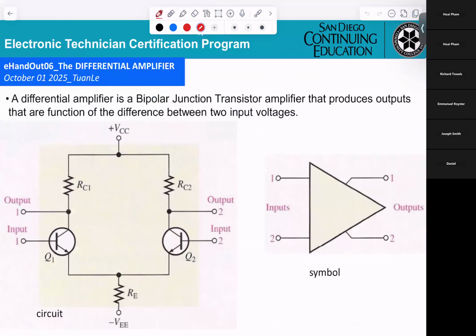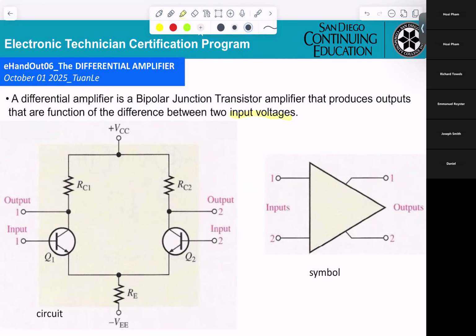Okay, now we're talking about the differential amplifier. A differential amplifier is a bipolar junction transistor amplifier that produces an output that is a function of the difference between two input voltages.